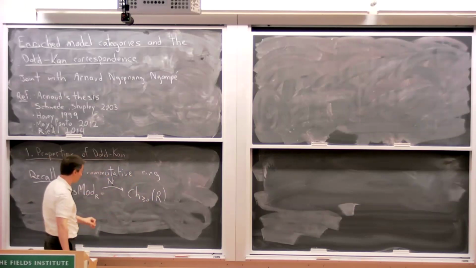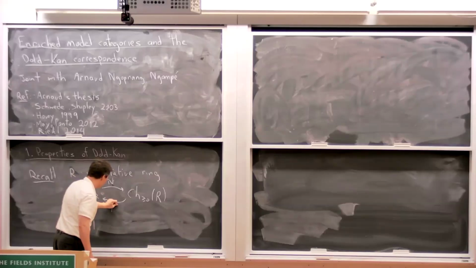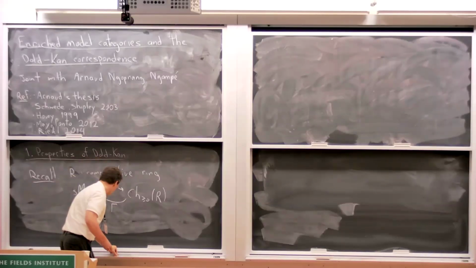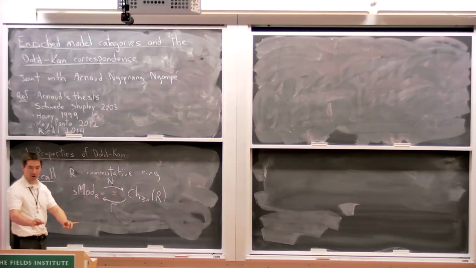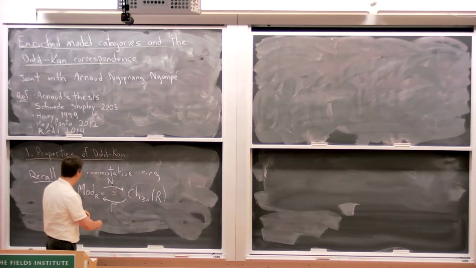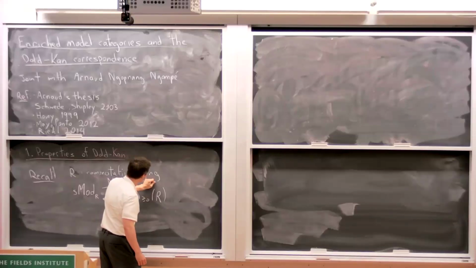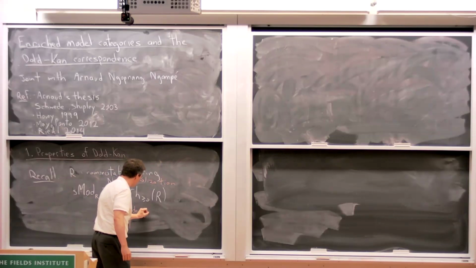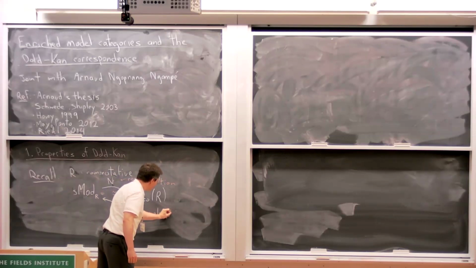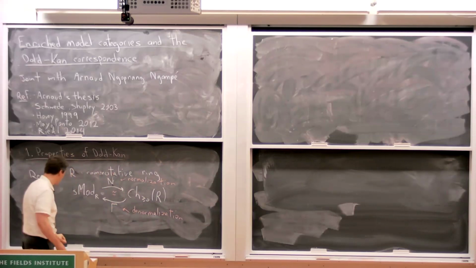And that's an equivalence of categories. I'll denote by gamma the inverse, the denormalization. This is an equivalence of categories, although being an equivalence of categories is not really relevant for what I'll talk about, but it happens to be true in this case. That's the normalization, and that's the denormalization. For instance, if you normalize the constant simplicial module, you end up with just the module in degree 0 and nothing else as a chain complex.